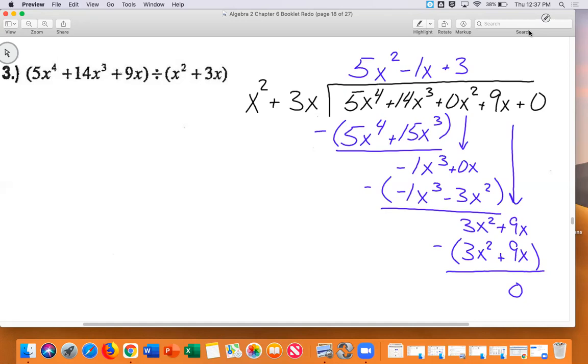I want it to be the same. So whenever I multiply my, I guess, divisor by, right, that needs to give me my leading term. But you don't use 3x to get the answers. I could care less what that is.